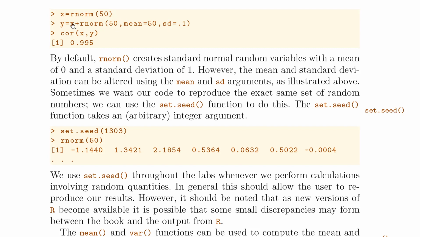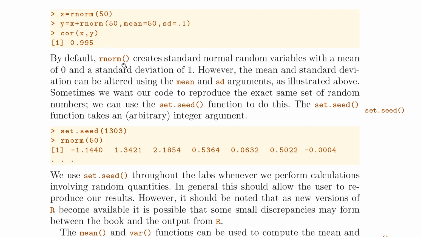We'll also run this code, where you take your x's, and to each one of these 50, you add another randomly generated value, but this time with mean 50 and standard deviation of 0.1. And then we're going to calculate the correlation.